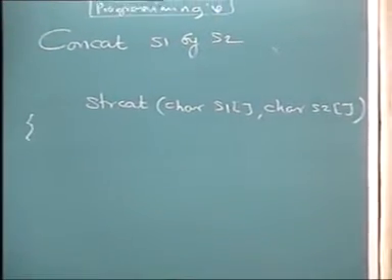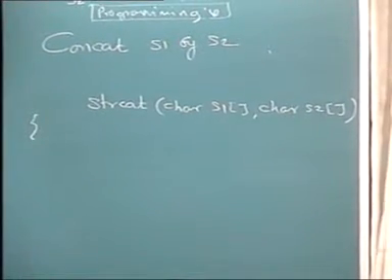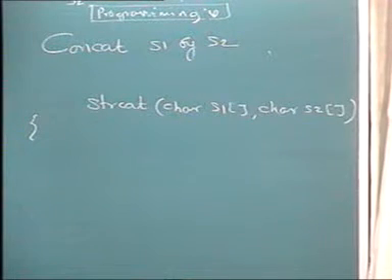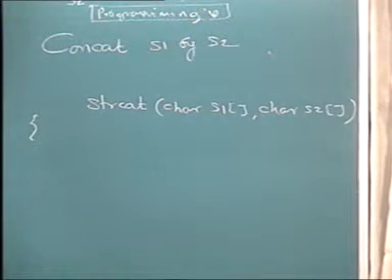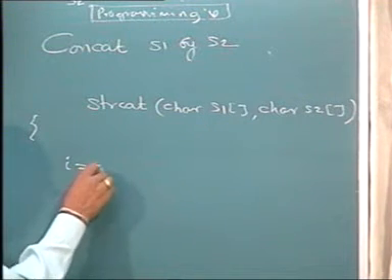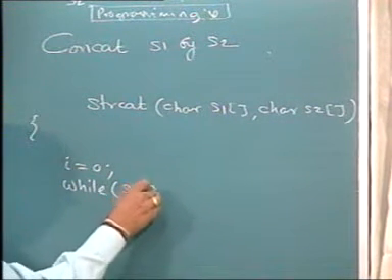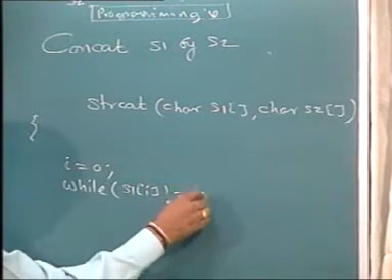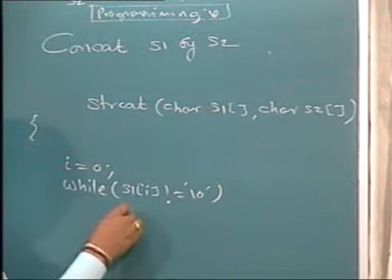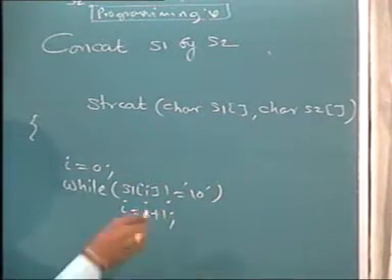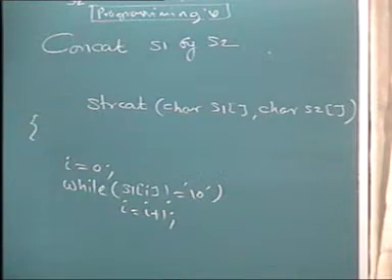Now from where we should start copying? From the end, from the position of \0 in the first string. So first job will be obviously to reach the end of the first string. So I will reach this position.